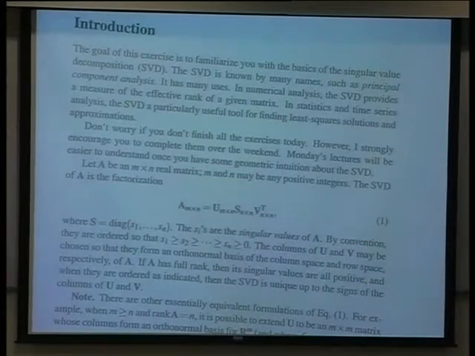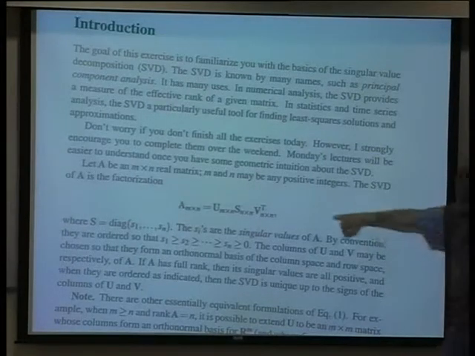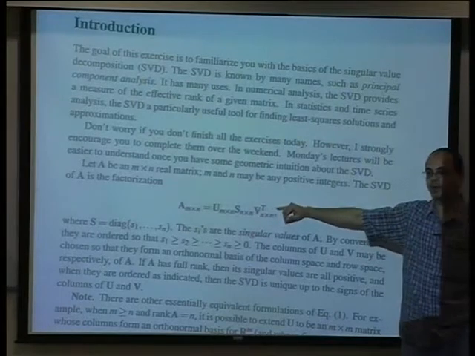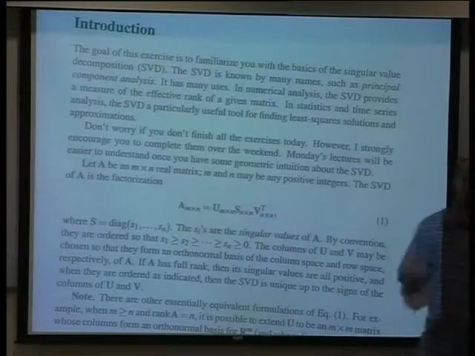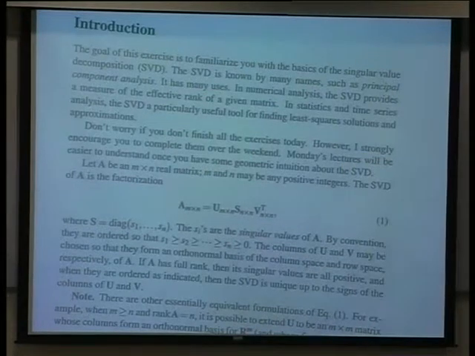So what does that mean? What is an orthonormal matrix? V transpose V is identity, as is V V transpose. But for U, it's not both ways. It's only one way, which is U transpose U is identity.